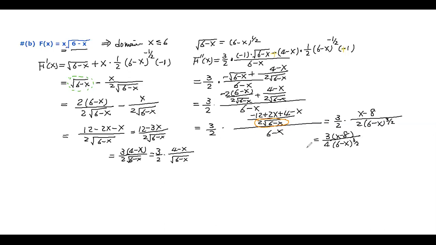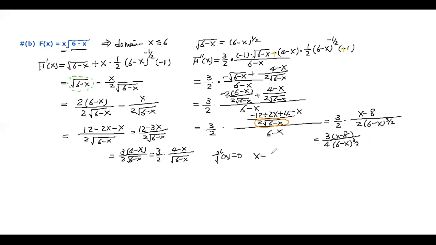Okay, so like we said, we set the second derivative equal to 0, right? So f double prime equal to 0. And since f double prime is a fraction, it has to be the top that equals 0.